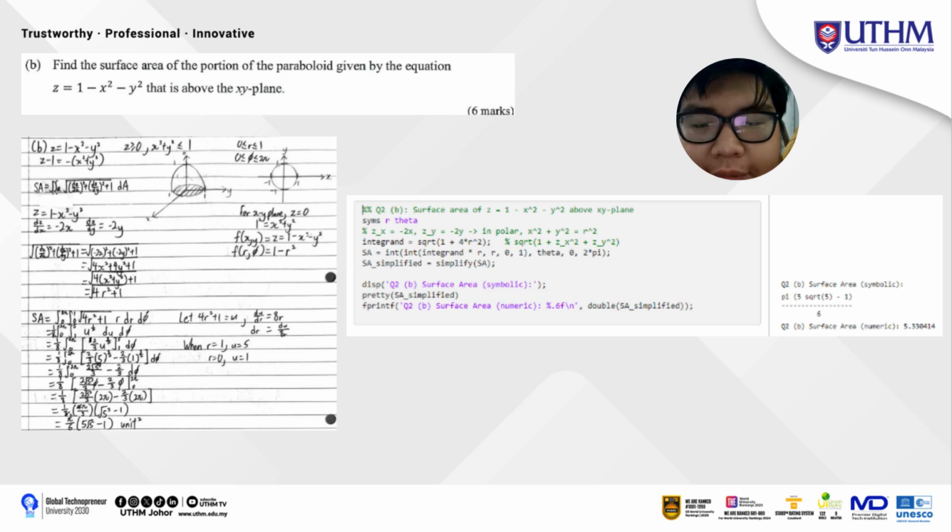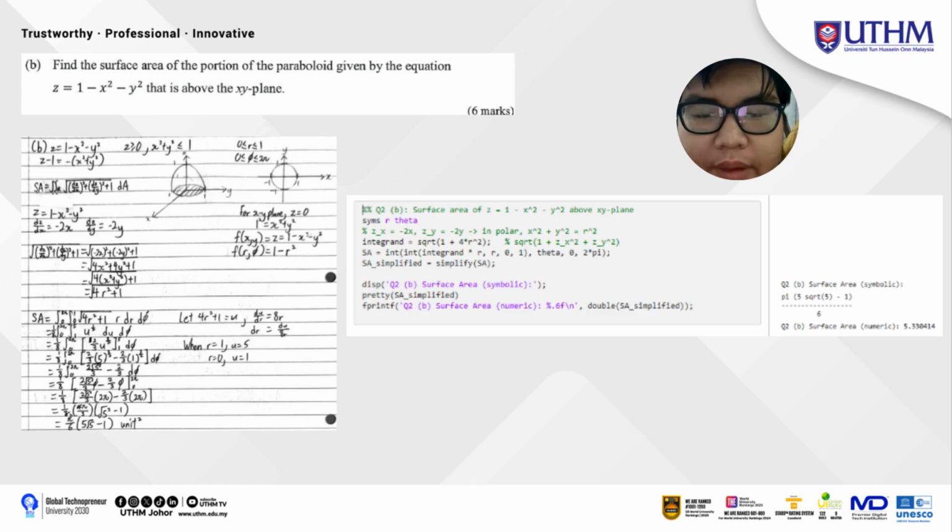So firstly, we use z equals 1 minus x squared minus y squared to do the differentiation to get dz/dx and dz/dy. After the substitution, we change it into polar coordinates, where x squared plus y squared equals r squared.